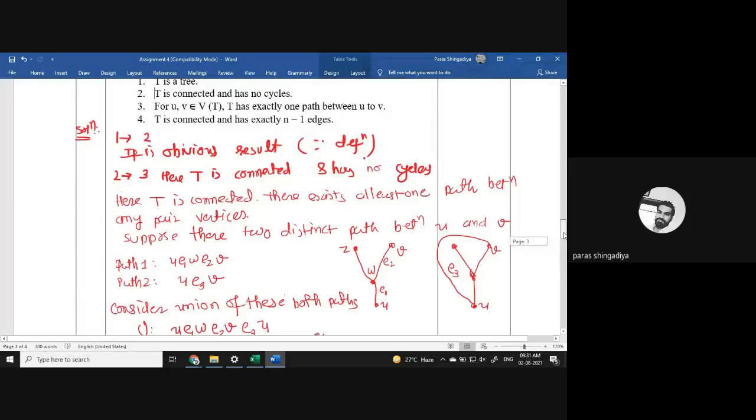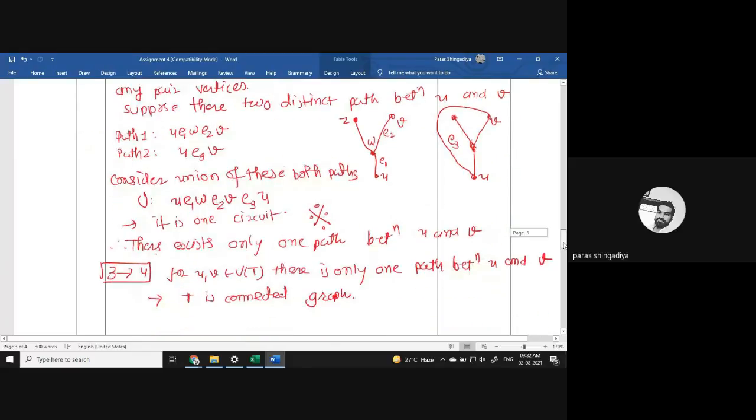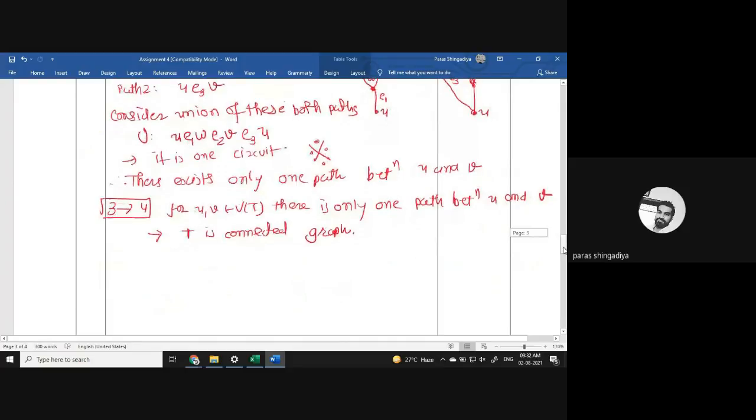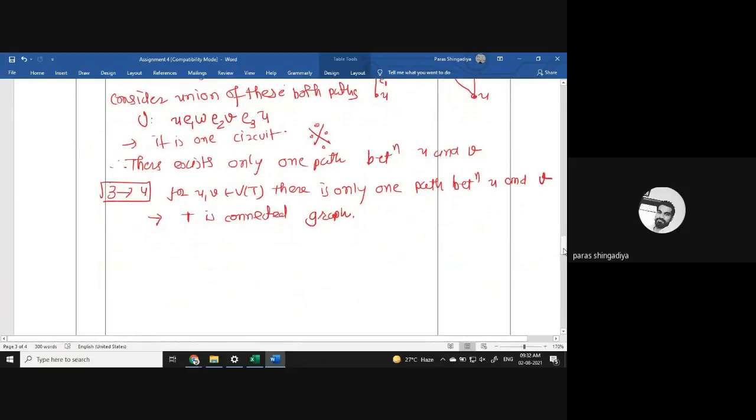Okay, and now we prove that it has exactly n minus 1 edges. So let's prove it. We'll repeat this theorem that we already proved in the lecture, how we can consider n minus 1 edges. Okay, connected prove हो गया, means T is a tree.